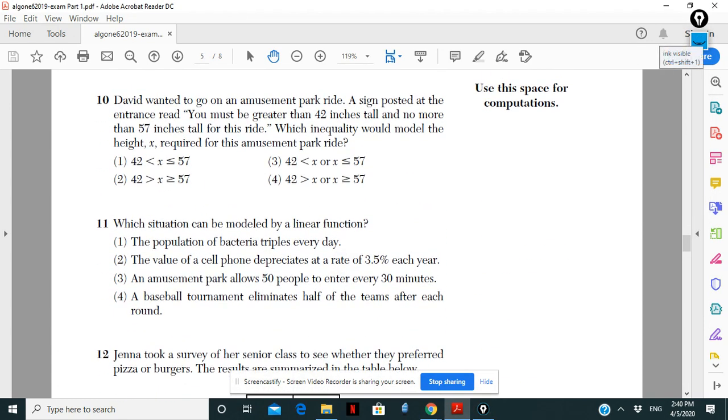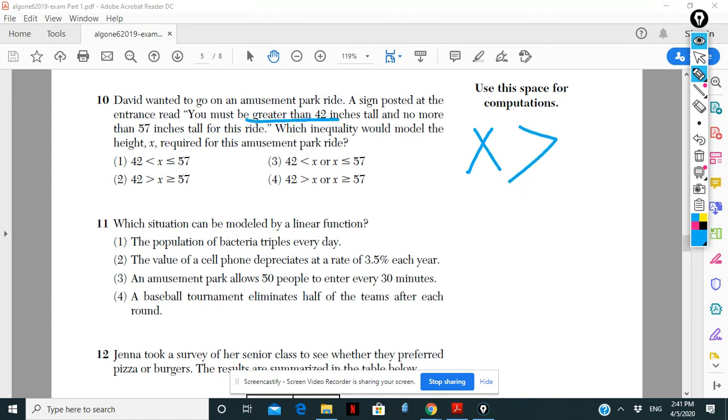Question number 10. Now, David wants to go on an amusement park ride. A sign posted at the entrance reads, "You must be greater than 42 inches tall and no more than 57 inches tall for this ride." Which inequality is correct? So let's say his height is x. He said greater than 42.